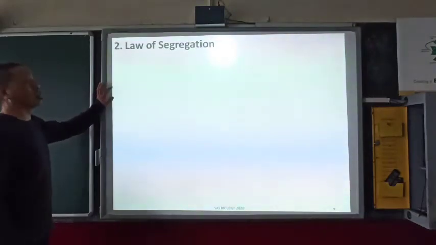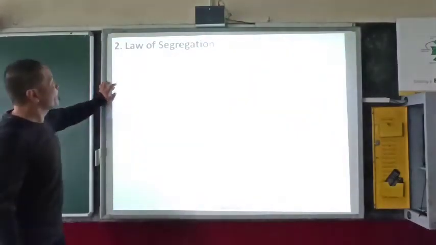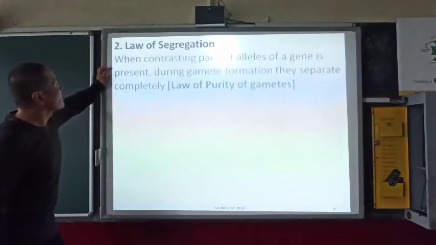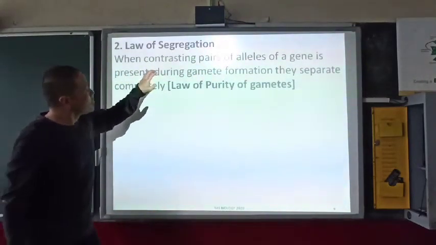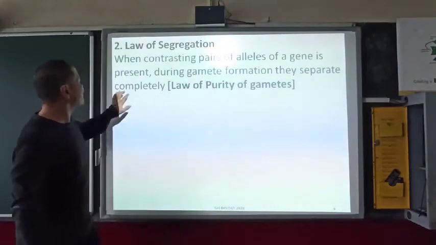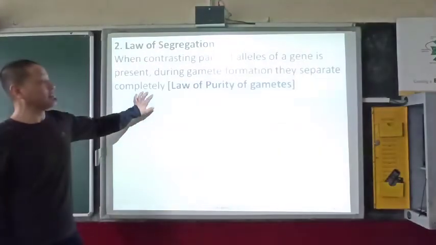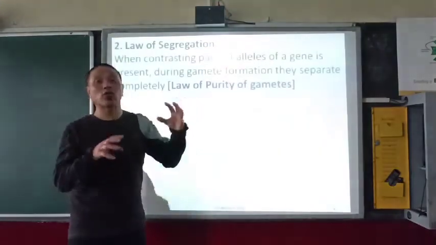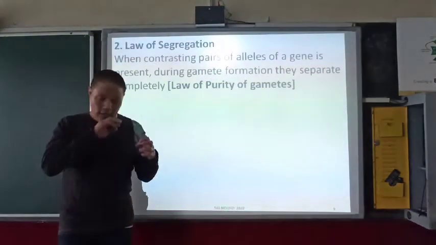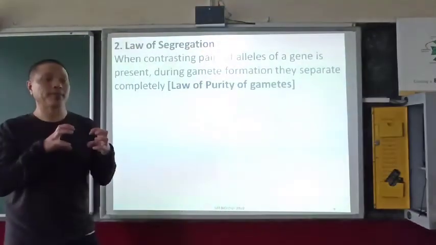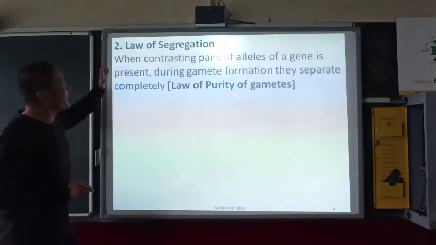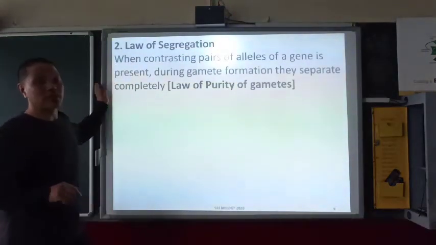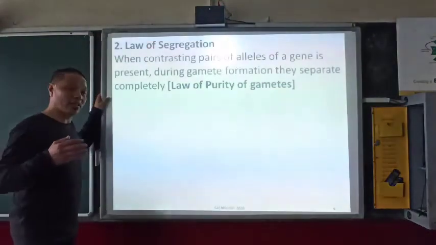The second one, the law of segregation. It states that when contrasting pairs of alleles of a gene are present, during gamete formation, they separate completely. So now we're talking about meiosis, okay? Meiosis and the meiotic division, which actually creates the gametes, which I shall deal with in another video.